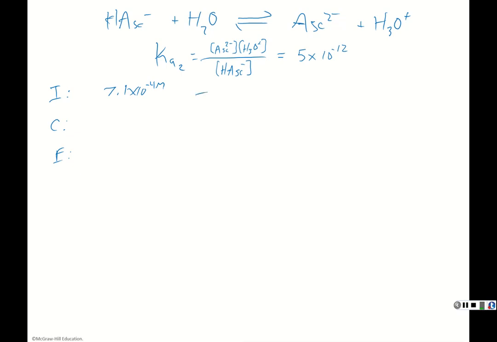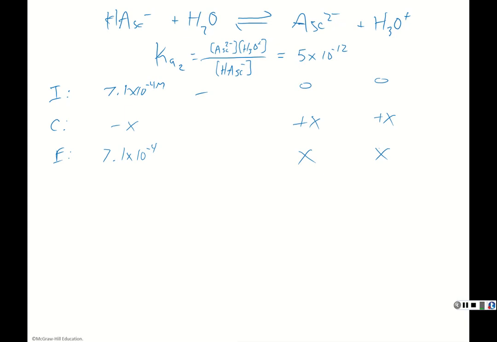H2O, again, we ignore, and we can again assume that these products' starting values are 0. So changes, minus X, plus X, plus X. And again, we don't consider that minus X here, so that just stays the same. These are X's. So now we can plug those into our expression for Ka.